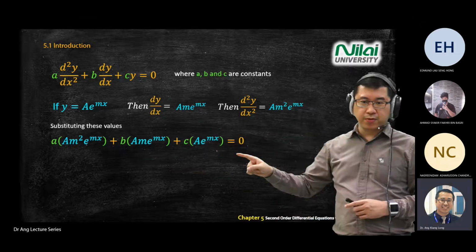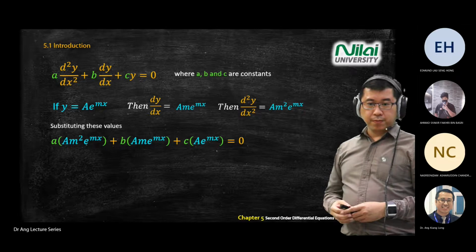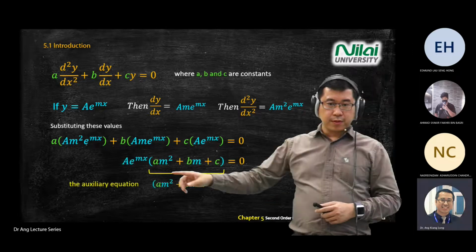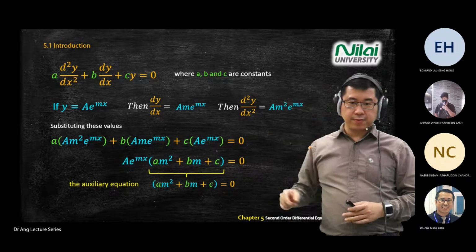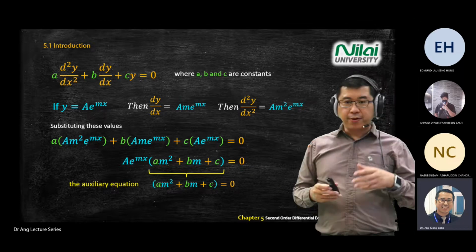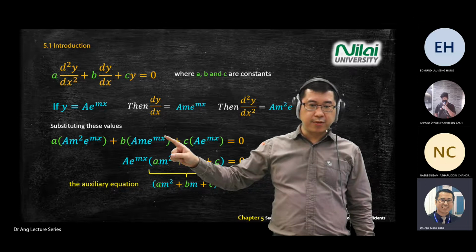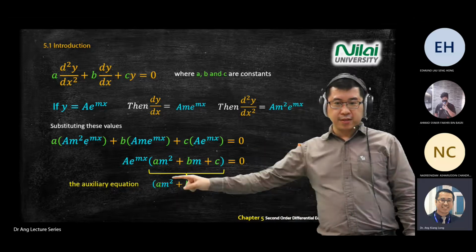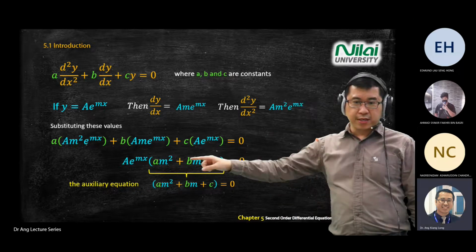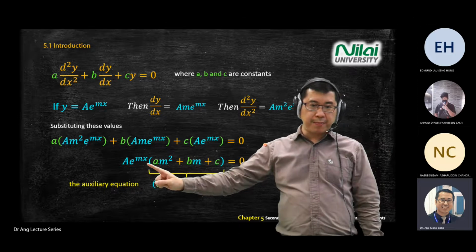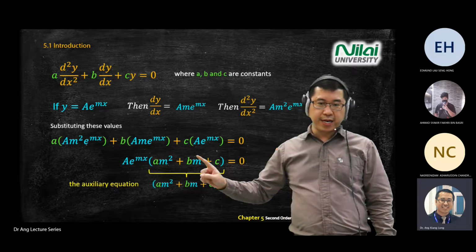Make sense to you? Then you factor them out. You factor the A e^(mx) outside this equation, then you use bracket.